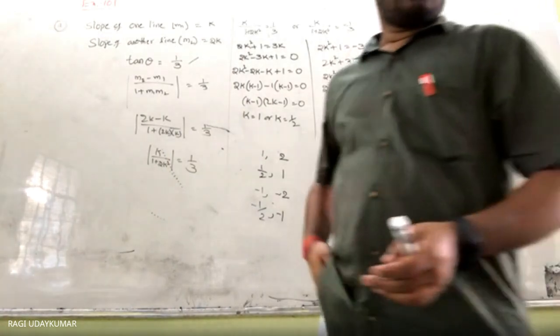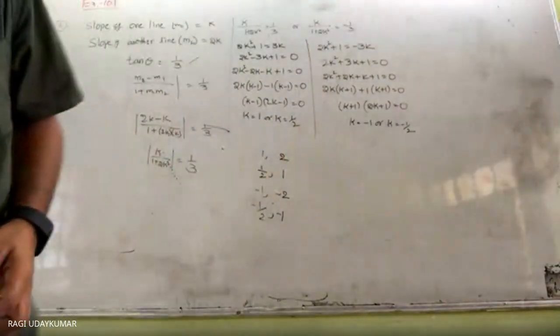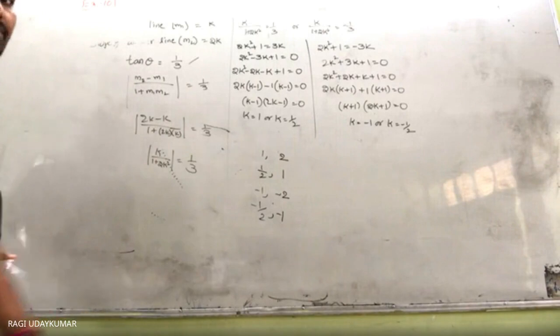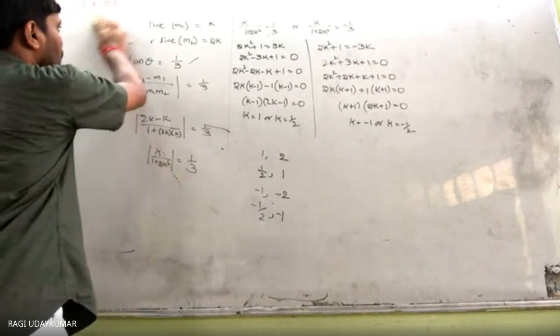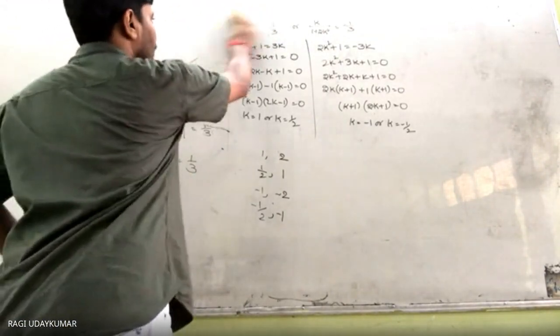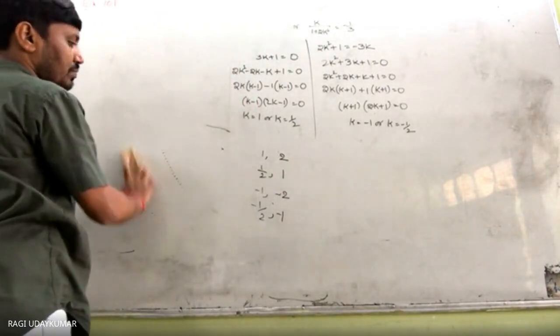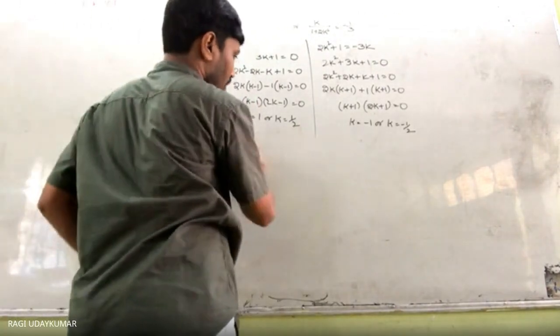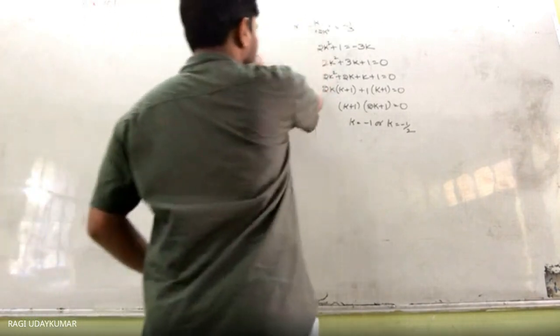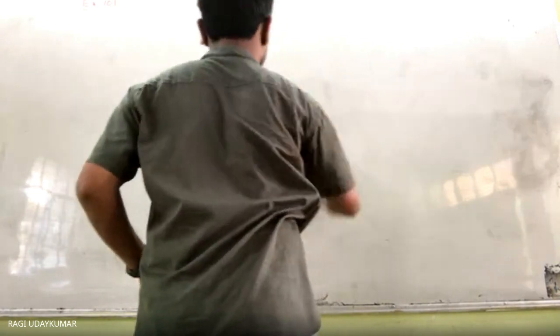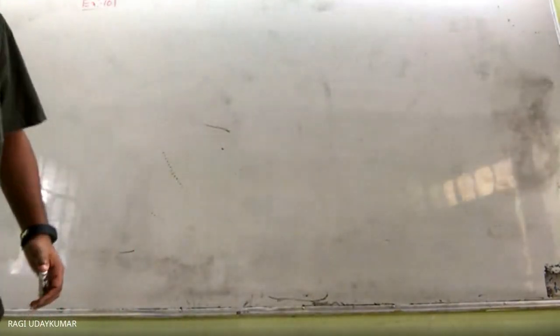Next, very interesting questions, that is the 13th and 14th question. Let us discuss these two questions and then we'll conclude. So the 13th question is given to you. What is given?